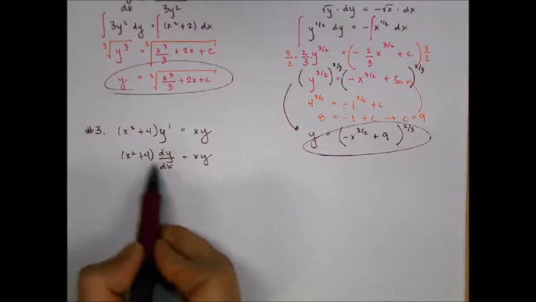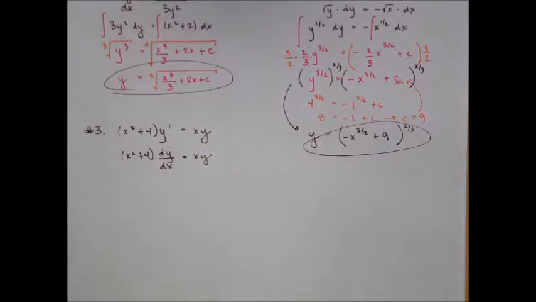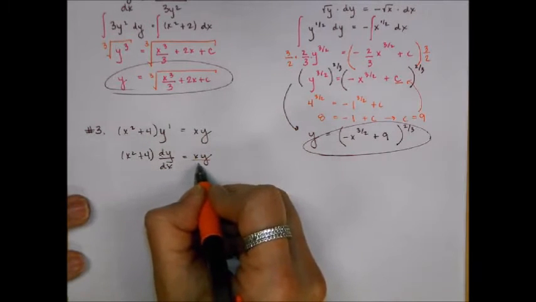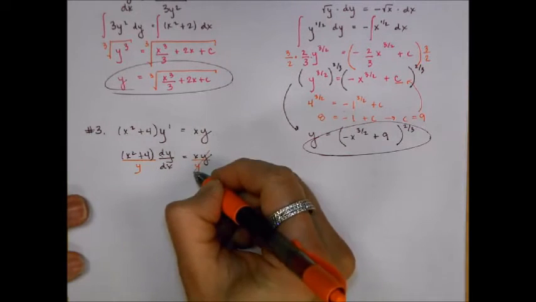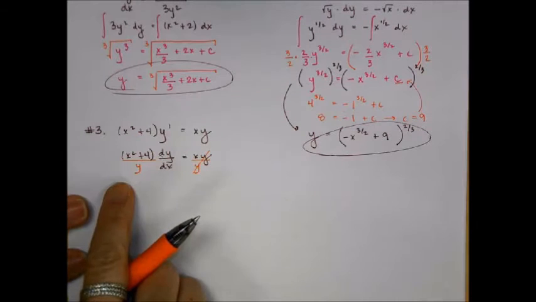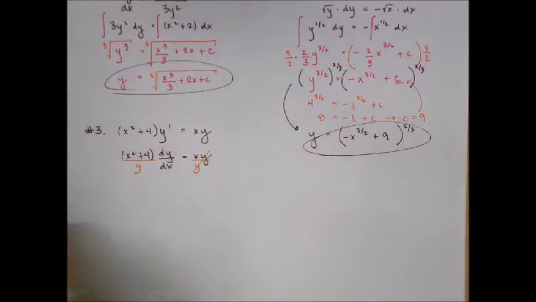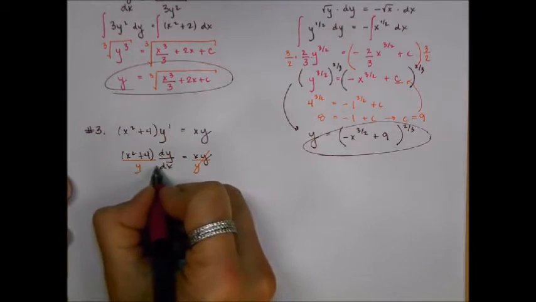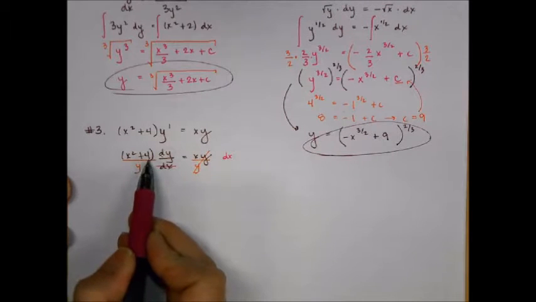So I need to divide both sides by y. And then to move the x's over, so we're going to multiply dx over, multiply by dx. And then to move x squared plus 4 over, we'll need to divide by it as well.